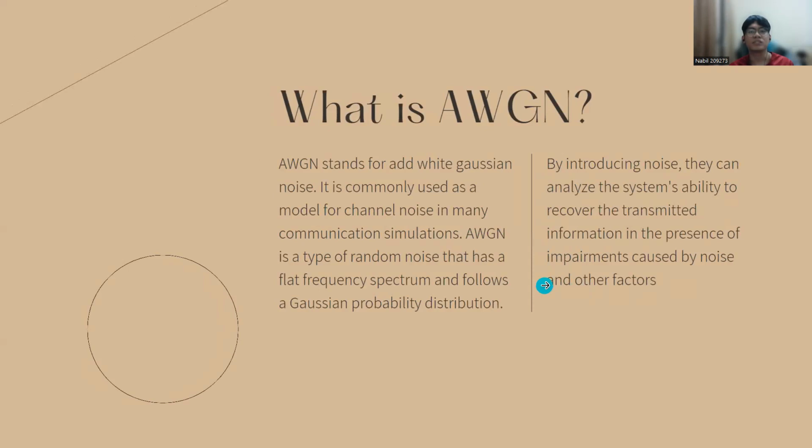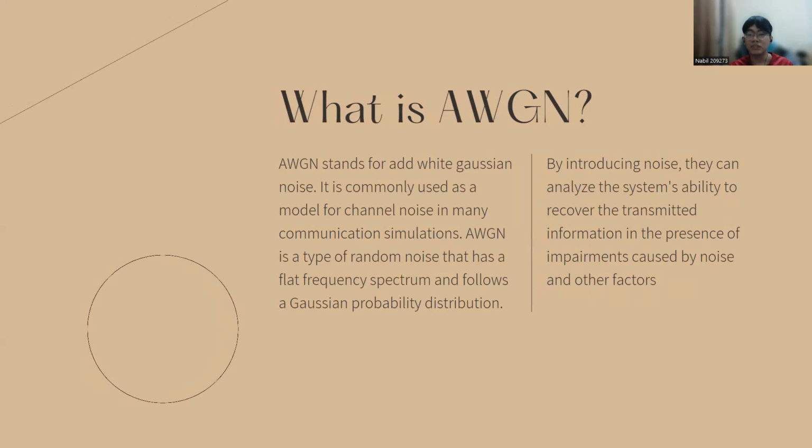So now begs the question, what is AWGN? Additive white Gaussian noise is important in simulation. It is commonly used as a model for channel noise in many communication simulations. It is a type of random noise that has a flat frequency spectrum and follows a Gaussian probability function.